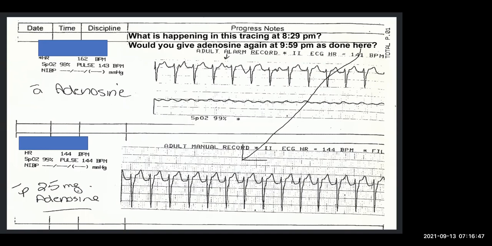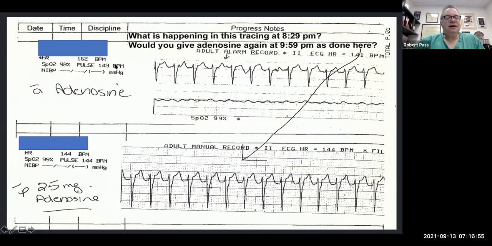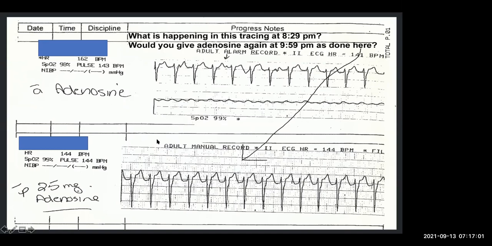It's difficult to calculate. It says pulse is 143 here. Heart rate is 162. I think the heart rates are exactly the same in both of them. They're both 165. Sorry, this is an old tracing.